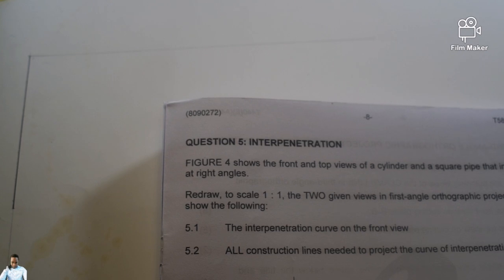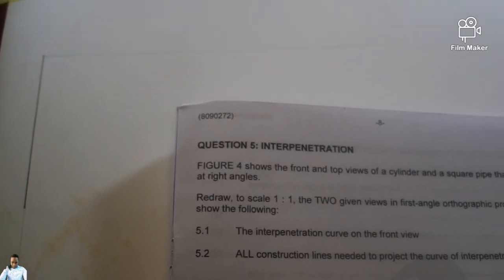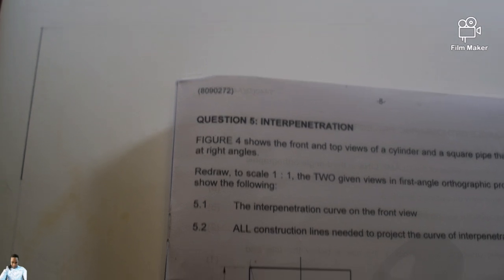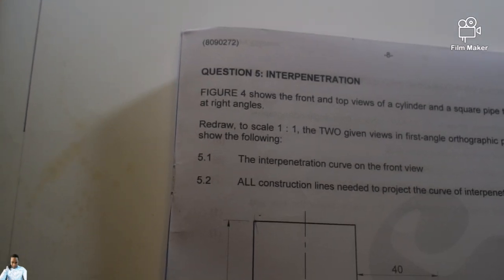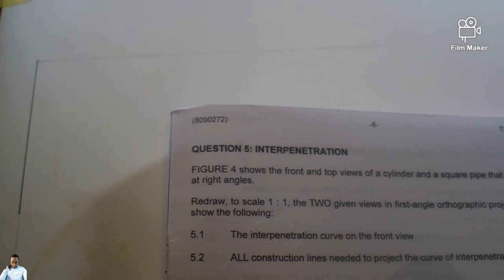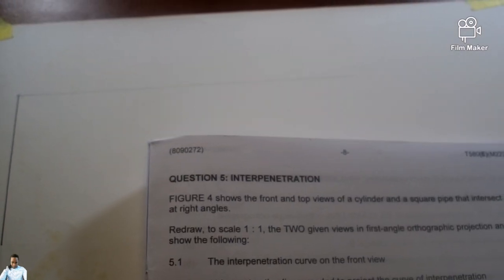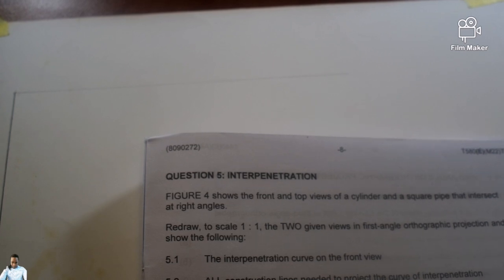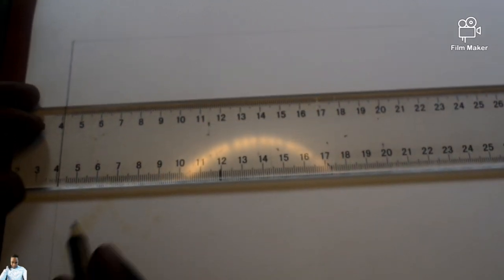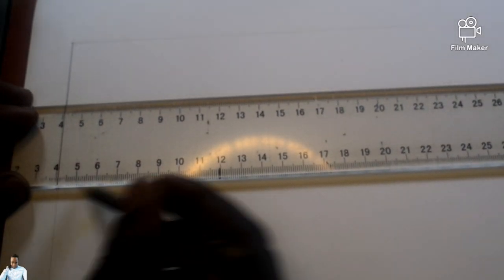Then where my 85 millimeter ends, I can draw a faint line horizontally in this direction. Then from here going down, I can record 20 millimeter.